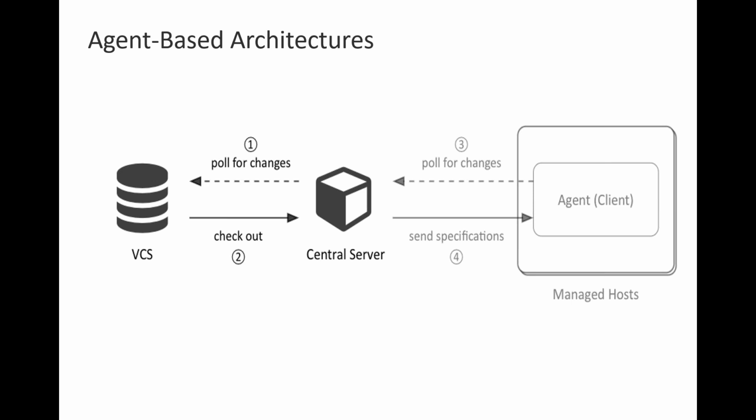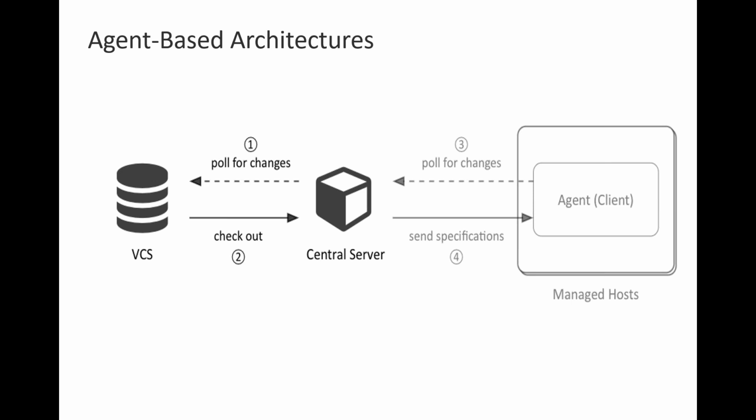Then we'll come back to Ansible. As simple as it is, agent-based architecture is what Chef and Puppet offer, and agentless architecture is what Ansible offers. But what is the difference between agent-based and agentless, and which one is more flexible? We try to understand.